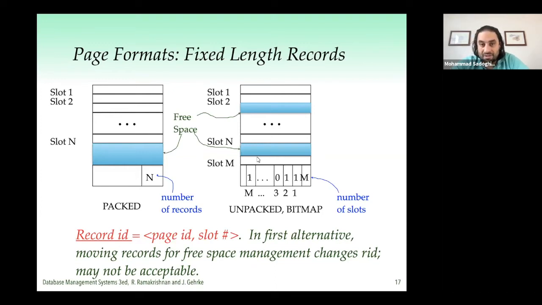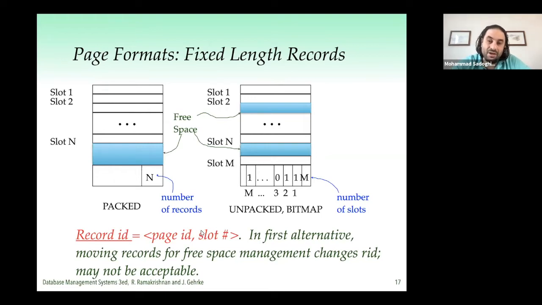An alternative to this design, also pretty straightforward, is having a fixed slot size, but instead, in our header, we keep track of which slot is empty and which slot is full, and that is recorded in a bitmap, where a 1 means it's taken and a 0 means it's empty, or the other way around, it doesn't really matter.